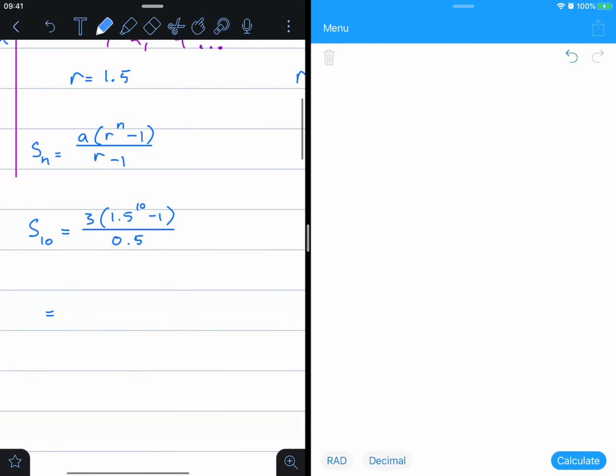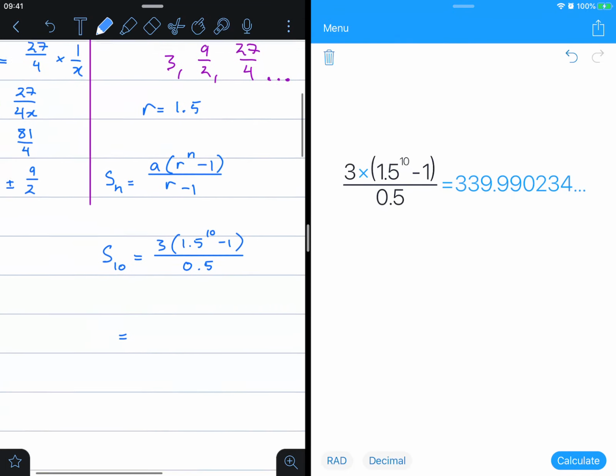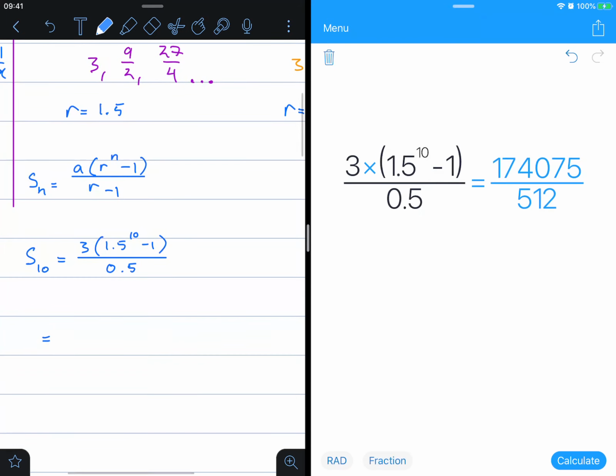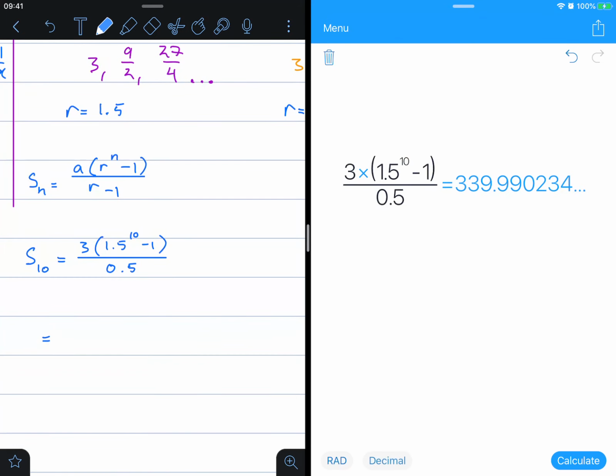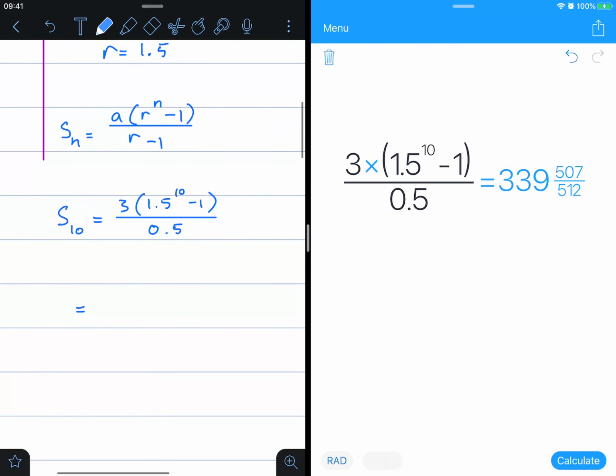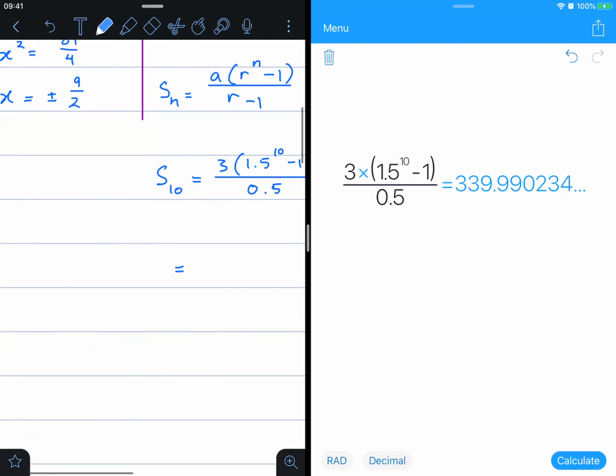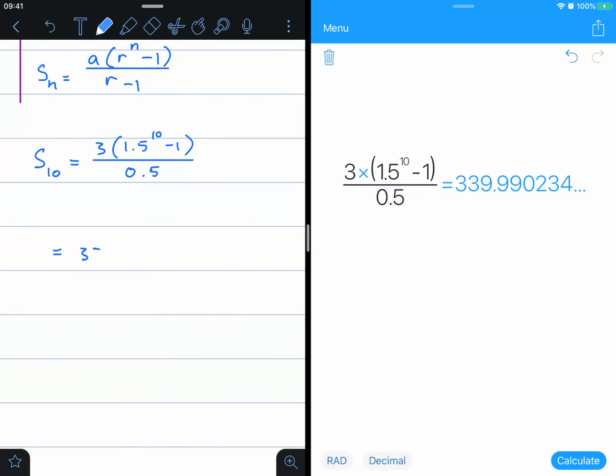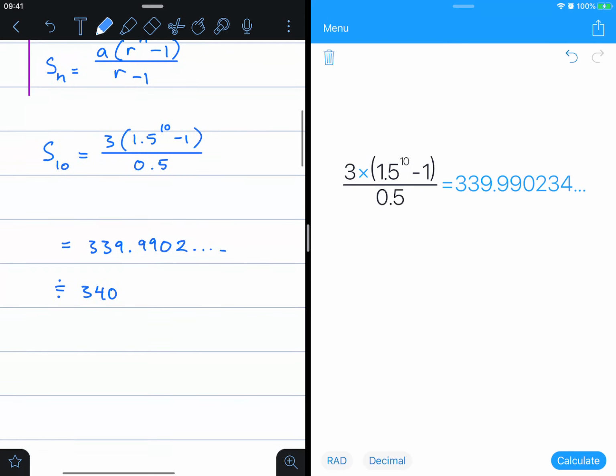Substituting into our calculator, the sum of the first 10 terms, let's just do it as a decimal, should be 339.9902, and we can approximate this to 340, just about there.